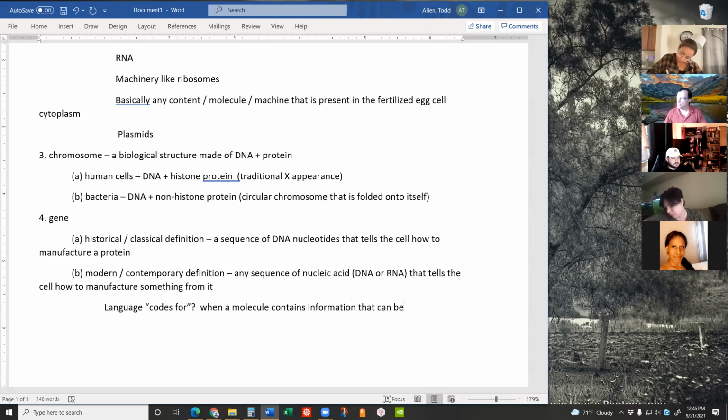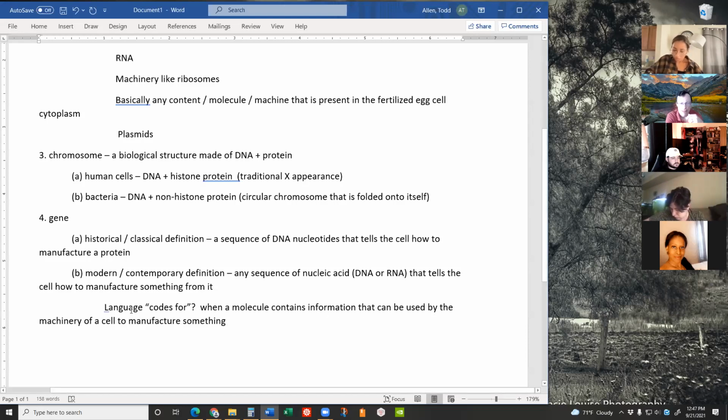So codes for means when a molecule contains information that can be used by the machinery of a cell to manufacture something. So with the more modern definition of a gene, any sequence of nucleic acid, DNA, or RNA that tells the cell how to manufacture something from it, right?